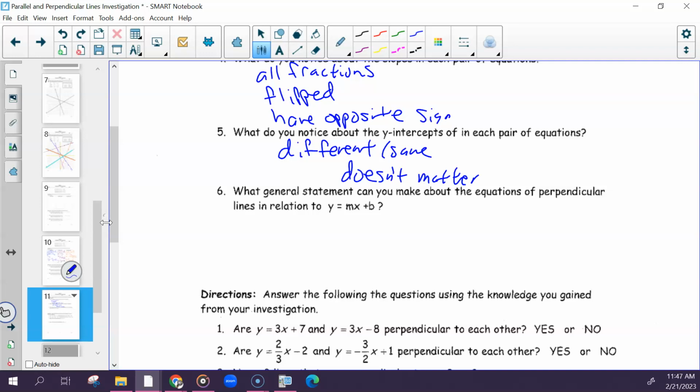So how could we mix those things together and make a general statement for perpendicular lines? Think about the one we made for parallel lines. It'll be similar. What do we think? What could we say in general about all perpendicular lines?